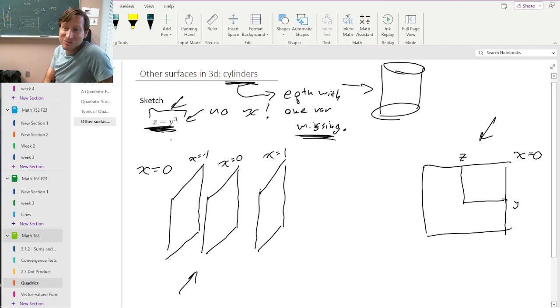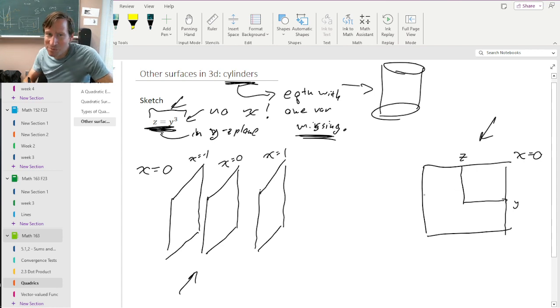Because this equation doesn't have an x in it, we can pretend that this equation is only in the yz plane. If it's only in the yz plane, we could just graph it. So z equals y cubed, the cube function looks like this. So that's the shape we get in the plane x equals 0.